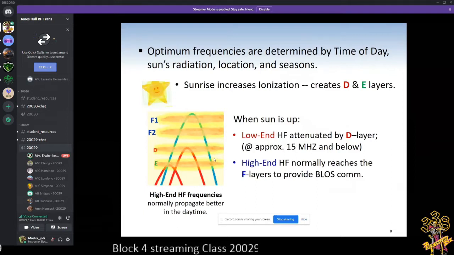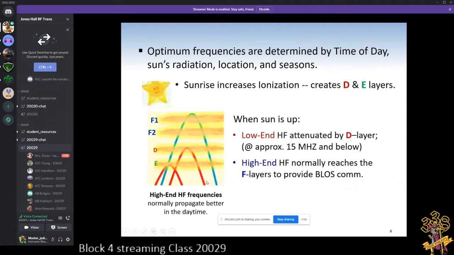The lower end of the HF band has a tendency to get absorbed in the lower layers. And I see here that I have my D and E switched around. This one should be D, that one should be E. I'll have to correct that. So in the daytime, the higher end of your HF range seems to work better because it can penetrate the D and E layer to reach that F layer. That doesn't mean the D and E layer is totally worthless.